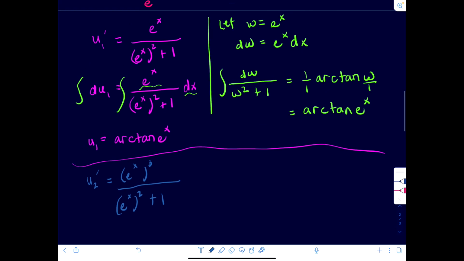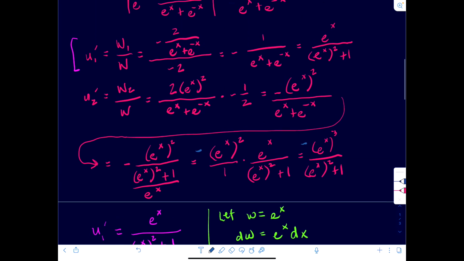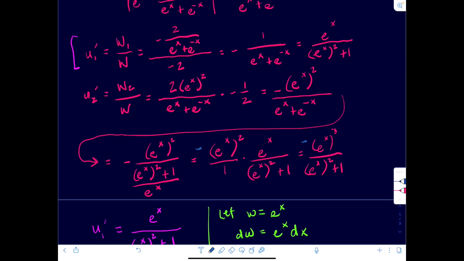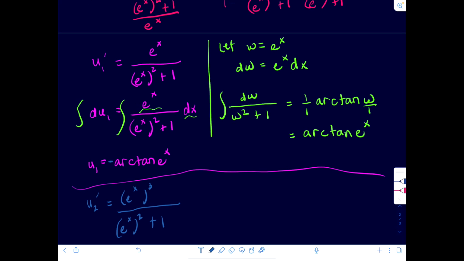Let me make sure I didn't miss a negative on anything. That one does have a negative, right? So it needs a negative. The first one, I also lost a negative. So our result here is going to be negative.